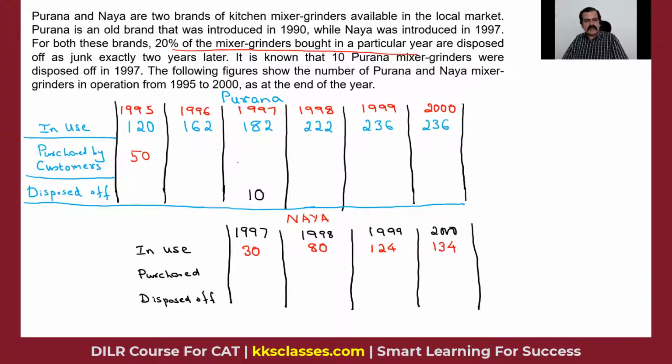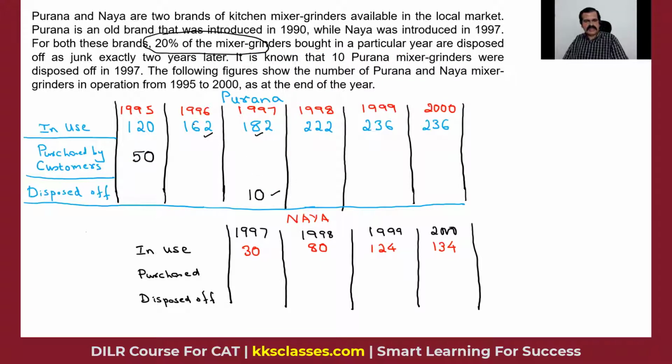Now, the next thing we can say is, what about the number of items which were purchased by customers in 1997, this figure here? For that, just take a look at these three numbers, 1, 2, and 3, and that will help you put down your figure here.